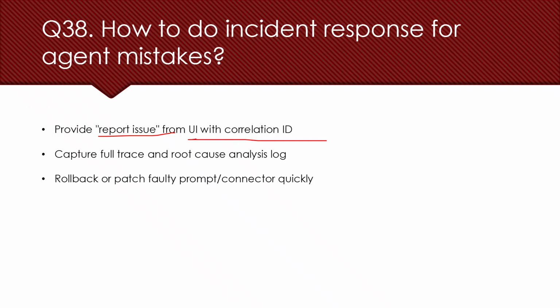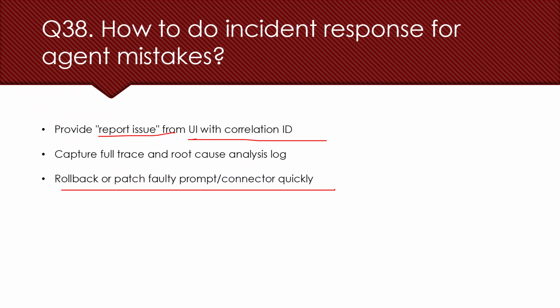Maintain a playbook for different incident types, including rollback or patching a faulty prompt or connector quickly. So we can disable that connector or apply immediate policy filters or something like that. This will also communicate transparently to affected users and log remediation steps for audit and learning.